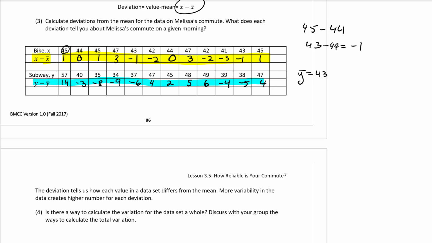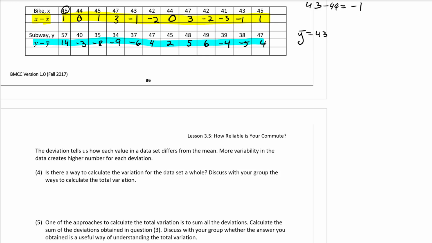There are various ways, but in this lesson, we're going to define a real statistical measure that allows us to talk about that spread. So is there a way to calculate variation for the data set as a whole? Yes, and this is something we're going to come up with. If you wrote something, great, we're going to start trying to do something about it.